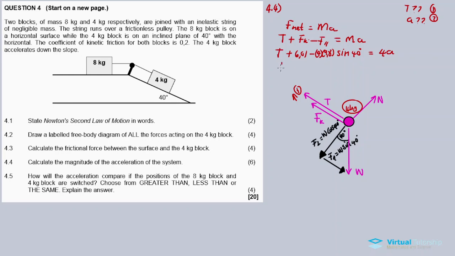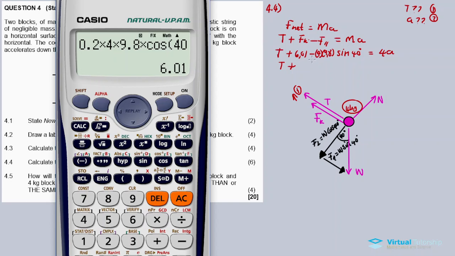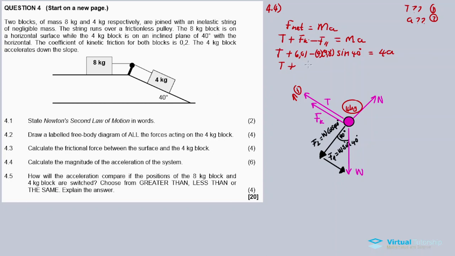Then we further simplify. We have 4 times 9.8 times sine 40 degrees is equal to 25.20. So we have T plus 6,01 minus 25,20 is equal to 4a.